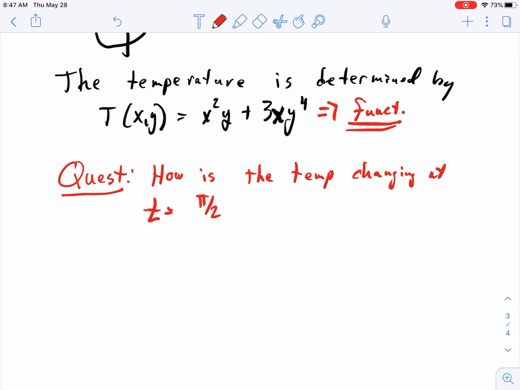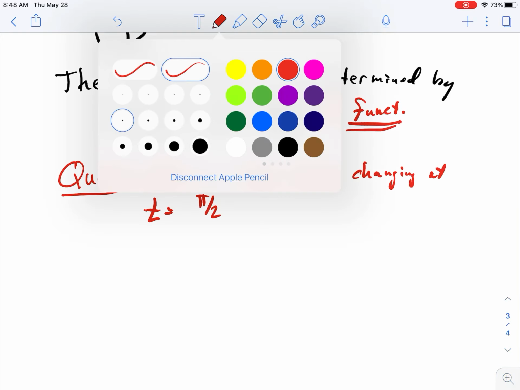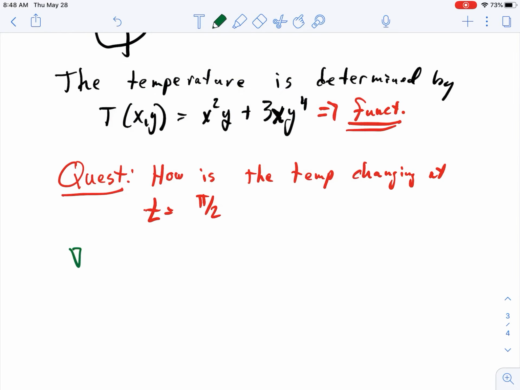Okay, so this is just what we just did on the previous problem, but in terms of starting to put some values to it. So first off, you have to find the gradient of T, and convert it into a vector as a velocity.